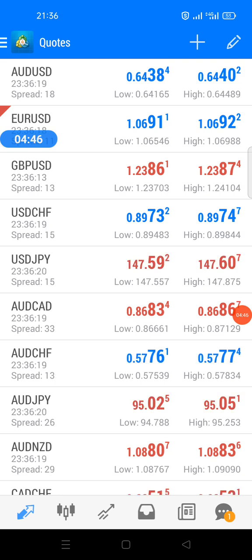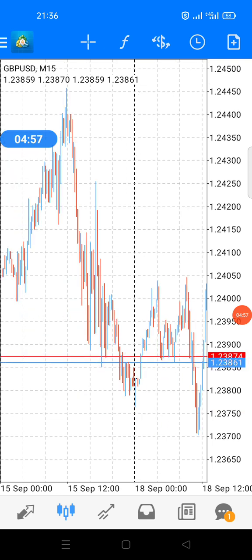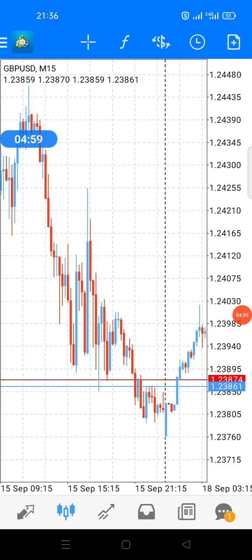The next one is your second window, which contains your candlesticks. In your second window, you have various representations of the forex market. It could be in the form of candlesticks, like you can see here.